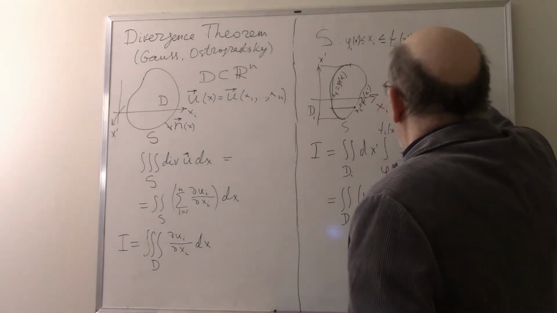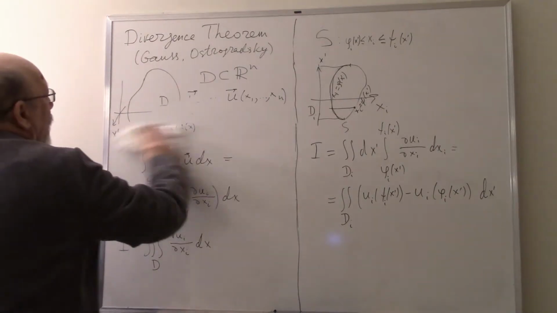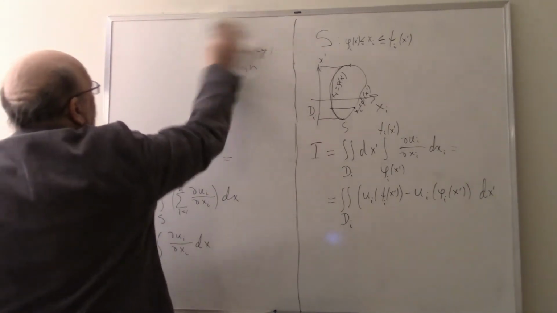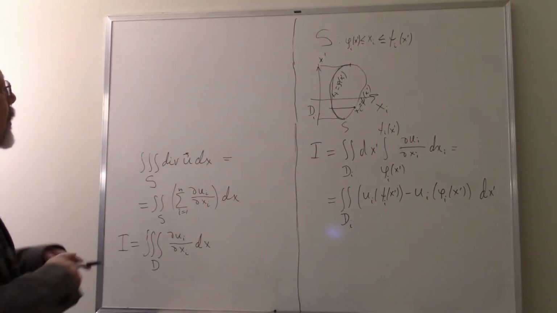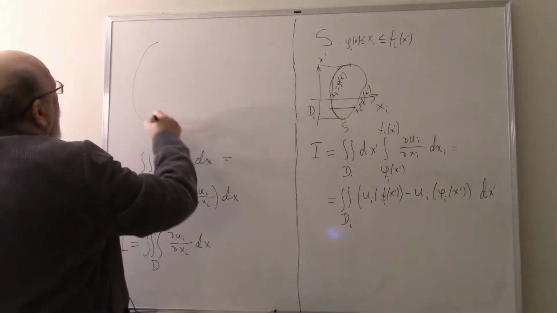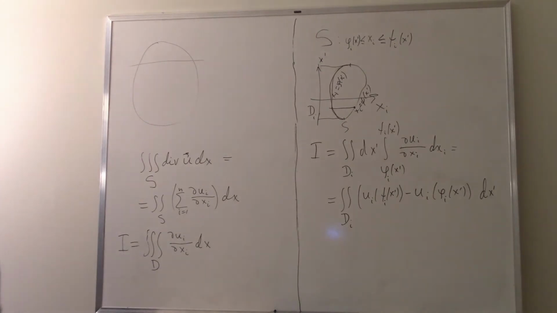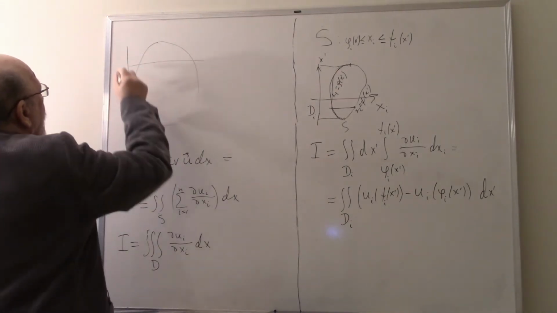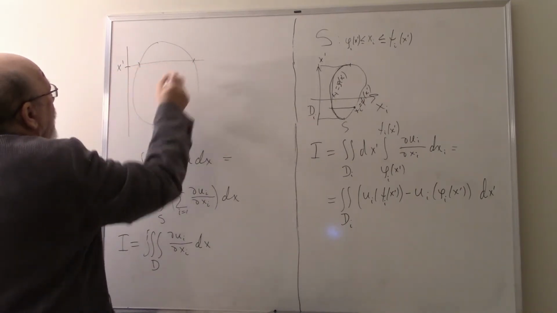Now let us consider, again, this is our domain. So this is the point x prime, and this is phi and psi.